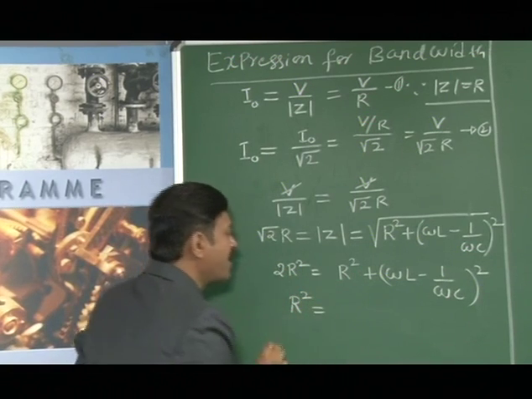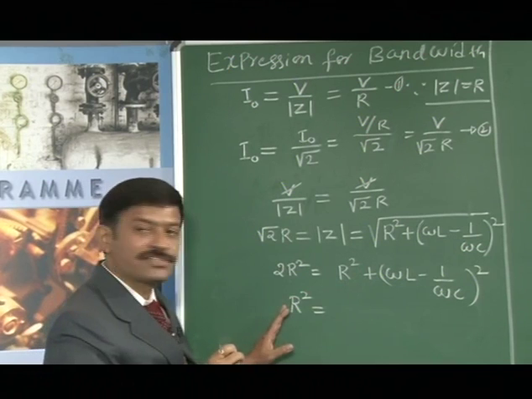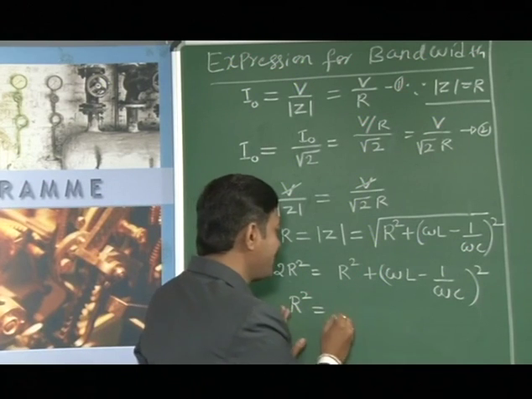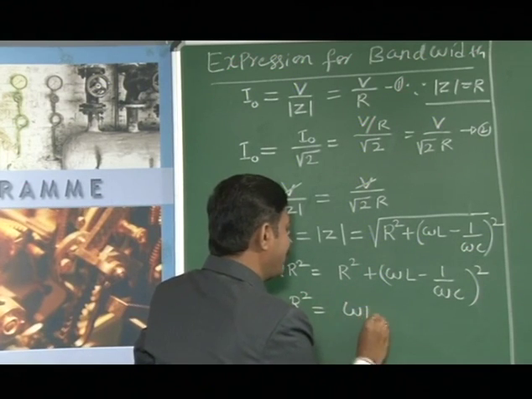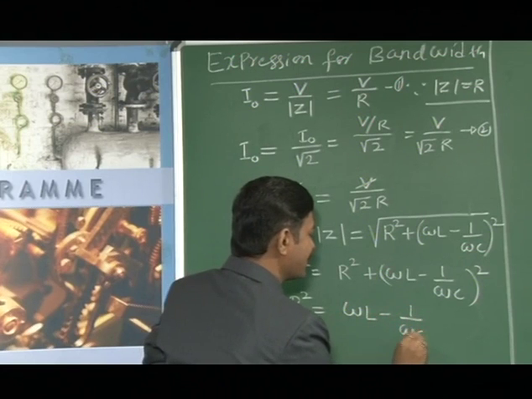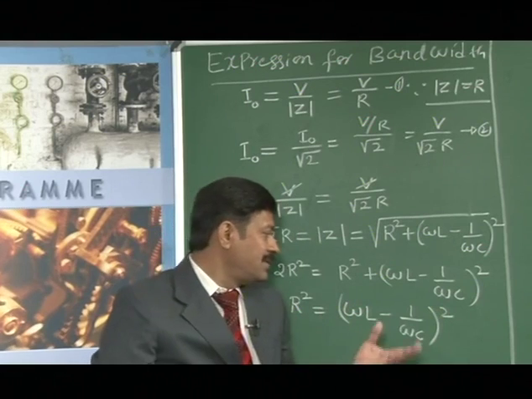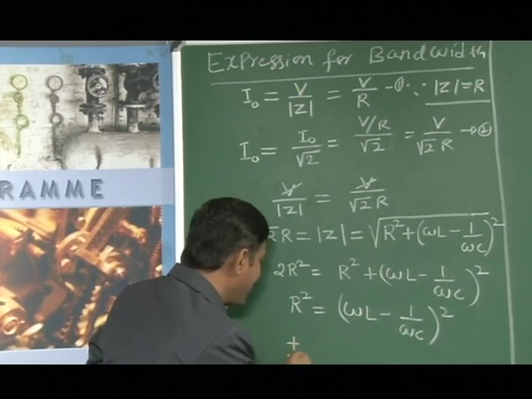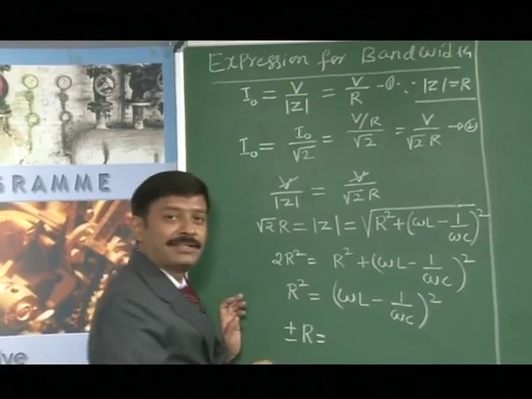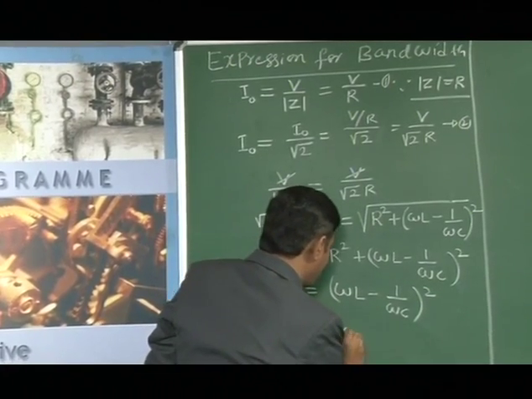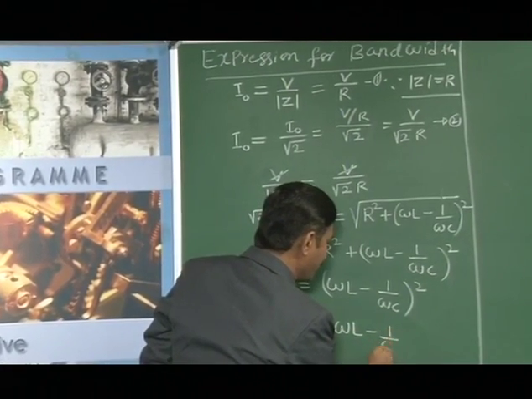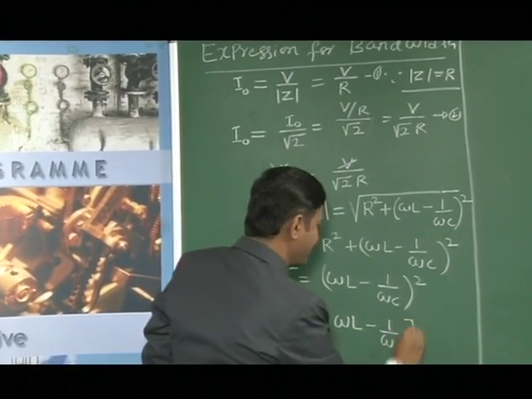So, 2R square minus R square, only R square, is equal to omega L minus 1 by omega C whole square. Now, this plus or minus R I will take, so this will become omega L minus 1 by omega C, square root of this.